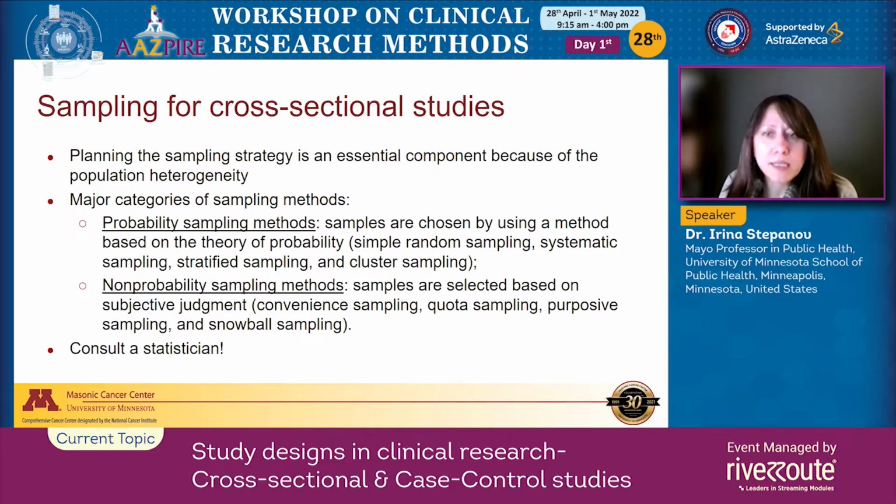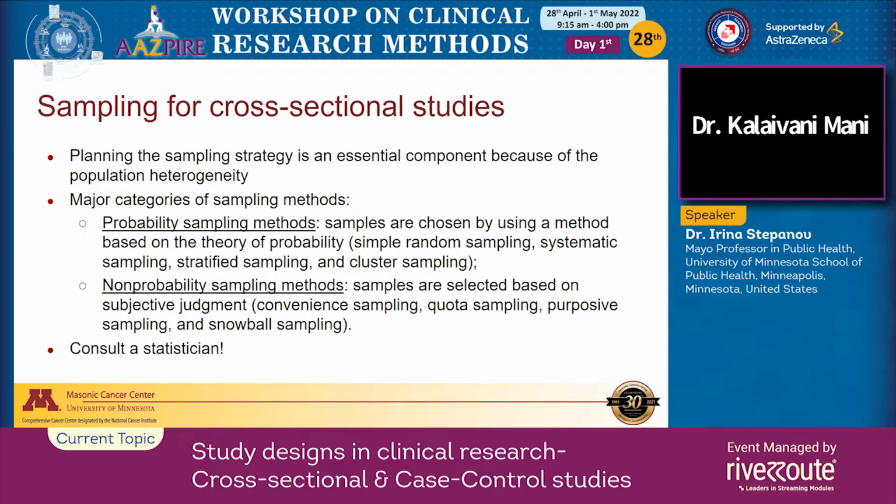I would suggest that clinical investigators who want to conduct these studies definitely consult a statistician when designing a sampling strategy. I always work with statisticians. I believe in expertise.